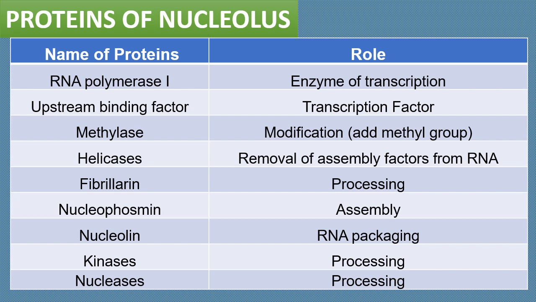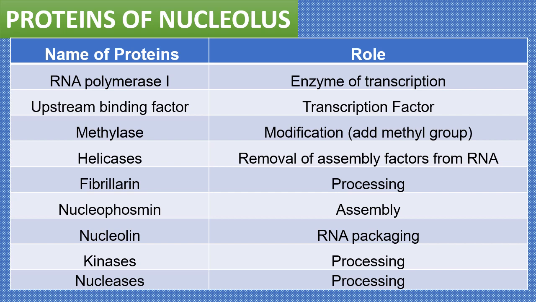For example, RNA polymerase I is the enzyme of transcription, and it is needed for the transcription of 5.8S, 18S and 28S ribosomal RNA. Upstream binding factor acts as a transcription factor. The enzyme methylase is the enzyme of modification, as it adds a methyl group to the ribose residues and some bases.